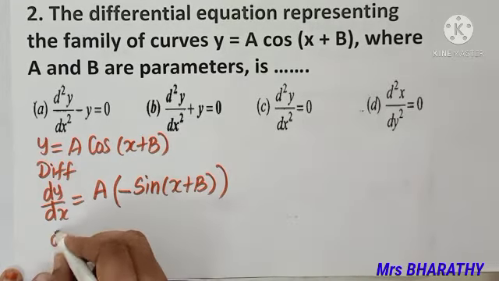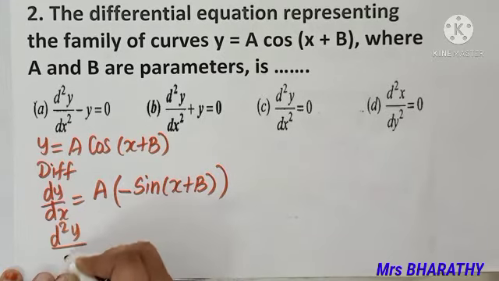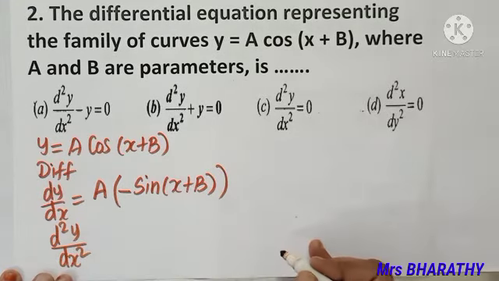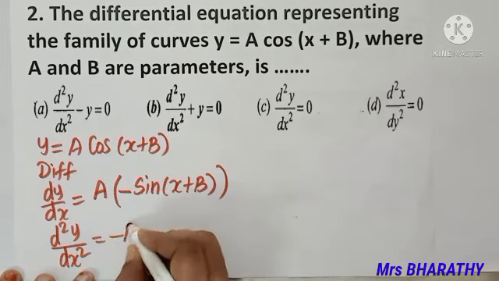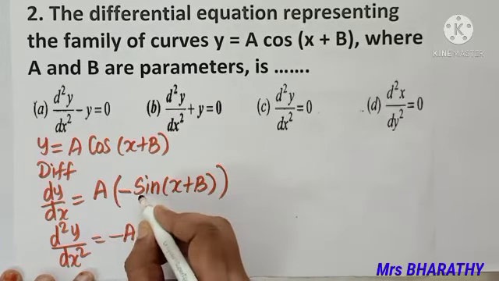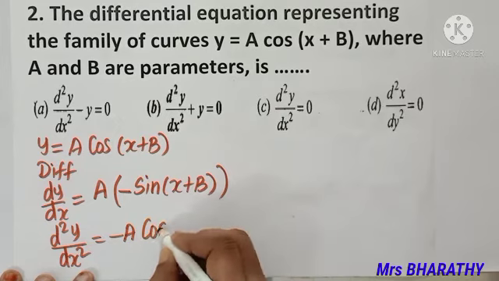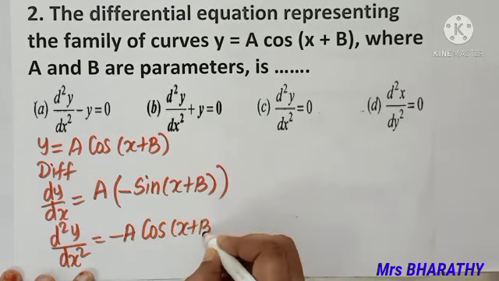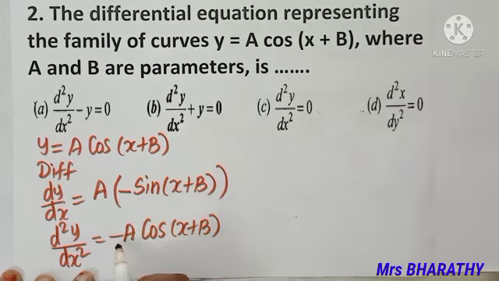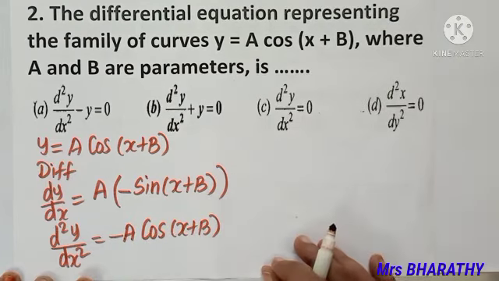When I differentiate again, it is d square y by dx square equals minus a as it is, sin x plus b becomes cos x plus b.